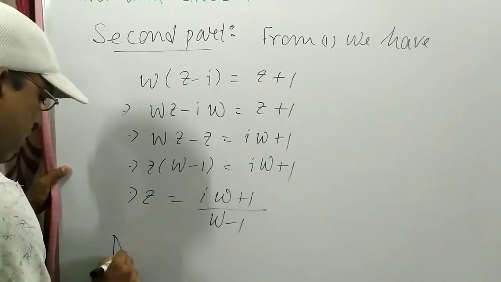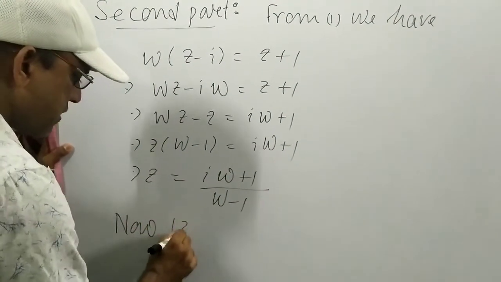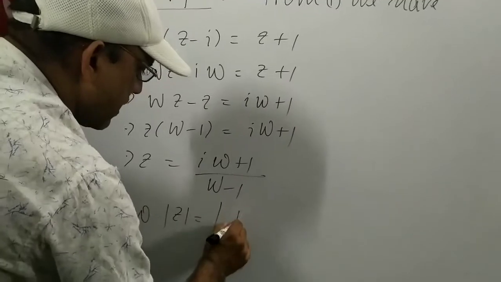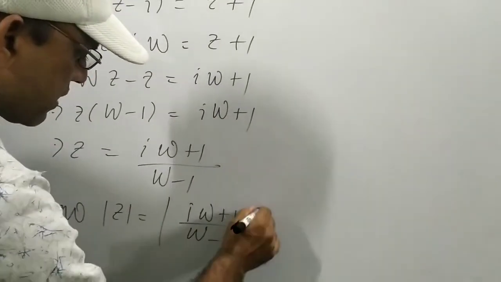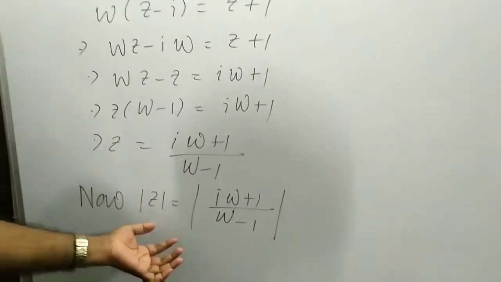Now taking modulus on both sides, mod of (iw plus 1) over (w minus 1). Why are we taking modulus?